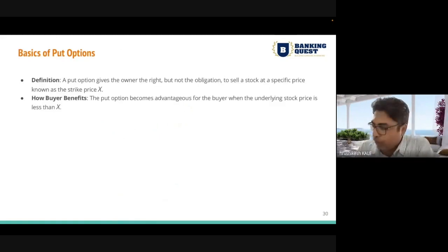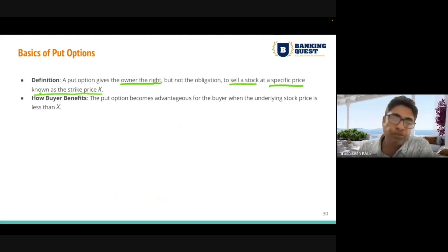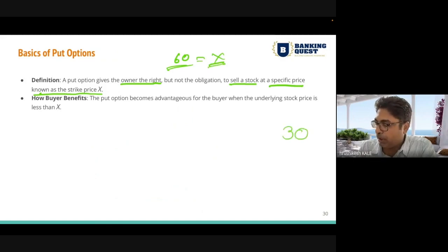A put option gives the owner the right to sell a stock at a specific price. So, if I purchased a put option, I will have a right to sell it at 60. That is your exercise price. So, if in the market the price is 30, still you can sell it at 60.